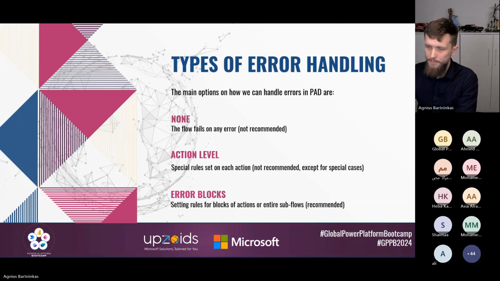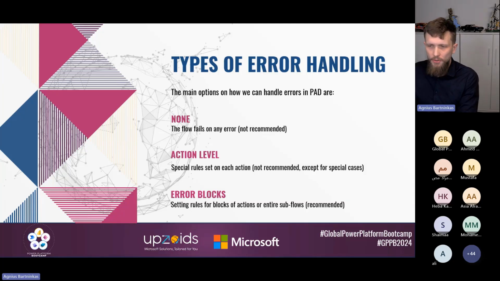Don't do that. A slightly better approach again is action level error handling, which again is even called the same way as it is in cloud flows, where we set these special rules on every single action that could potentially fail. But it's not really recommended either. And I'll talk in a minute about why that's not really recommended.